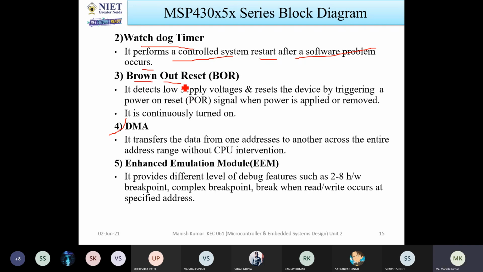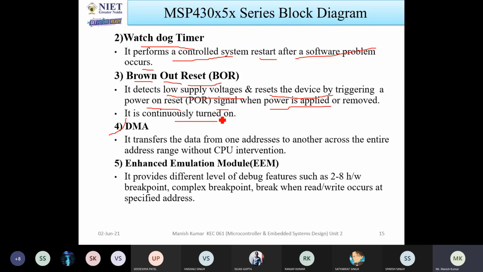The next is brownout reset, and it is also called the brownout protection circuit. It detects low power supply voltage and resets the device by triggering a power on reset signal when the power is applied or removed.